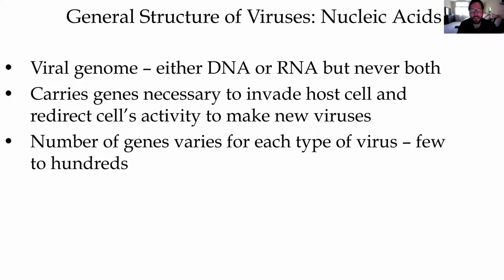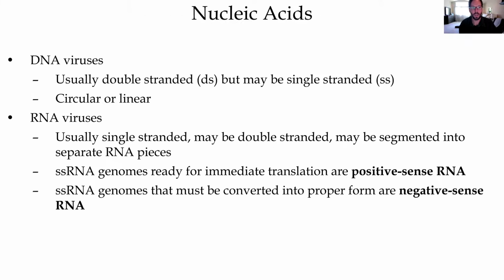Some viruses have hundreds of genes. Cytomegalovirus, which is particularly bad for pregnant mothers and their offspring, has hundreds of genes. So it can vary greatly from one virus to the next.